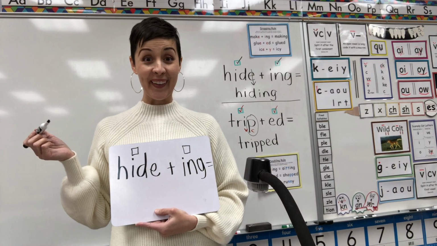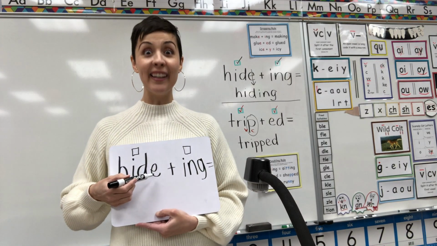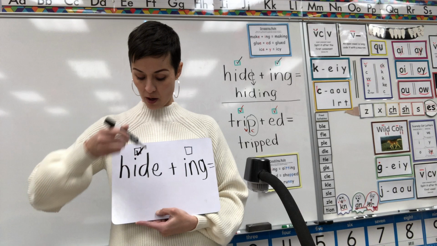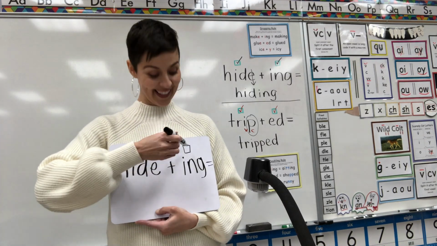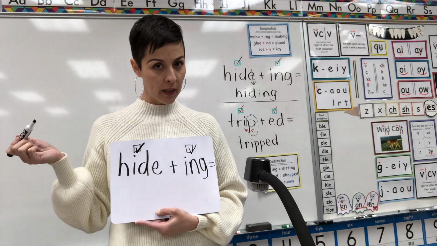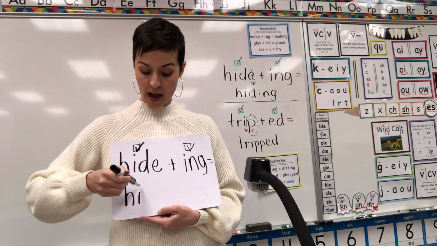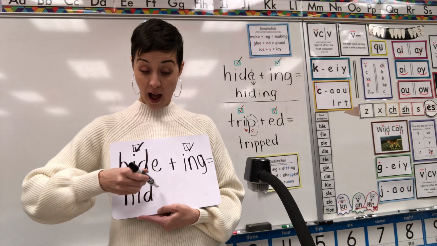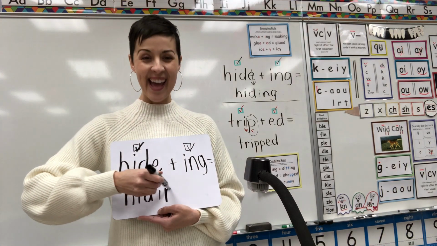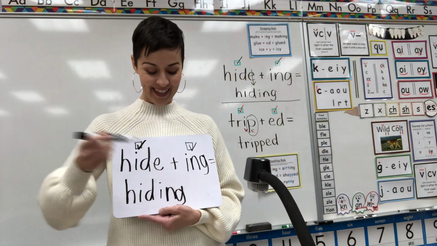Okay, will you look at it? Does it end in an E? Yes, so I'm looking at the dropping rule. Is ing a vowel suffix? Yes. I hope you knew what to drop. Will you spell hiding? Ready? H-I-D-I-N-G. Nice job.